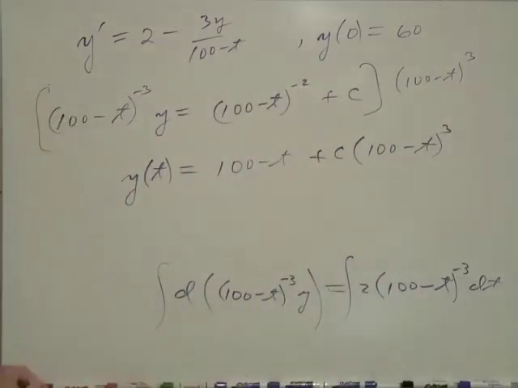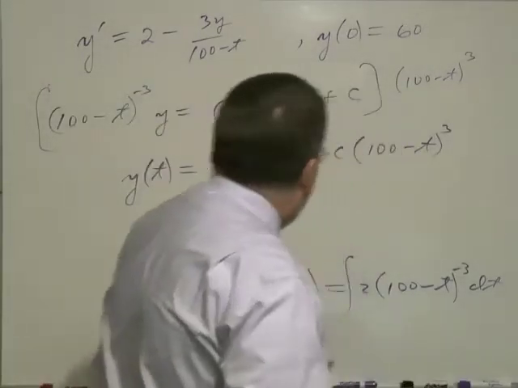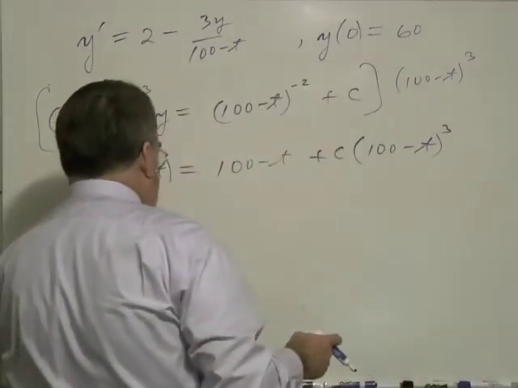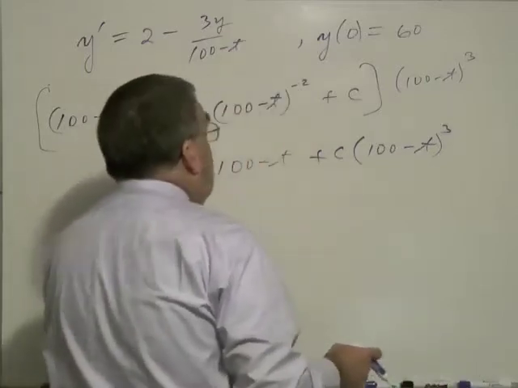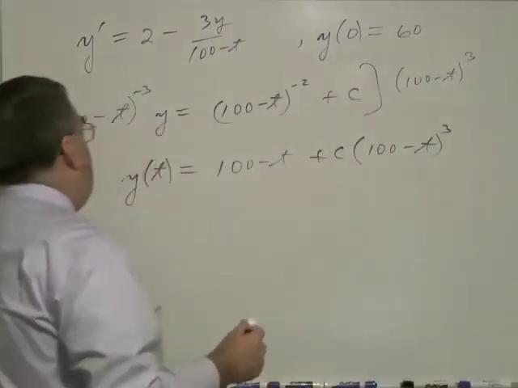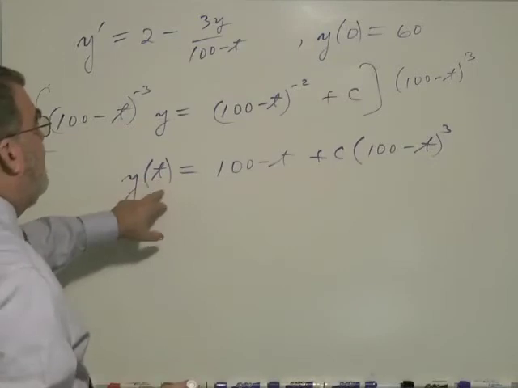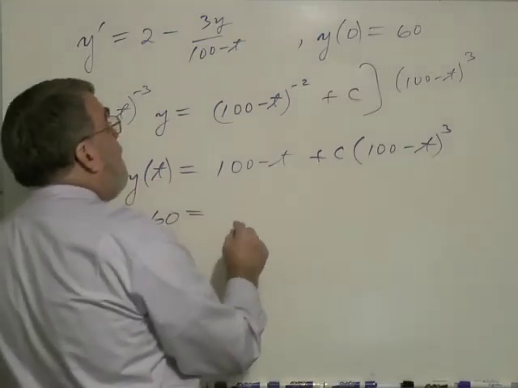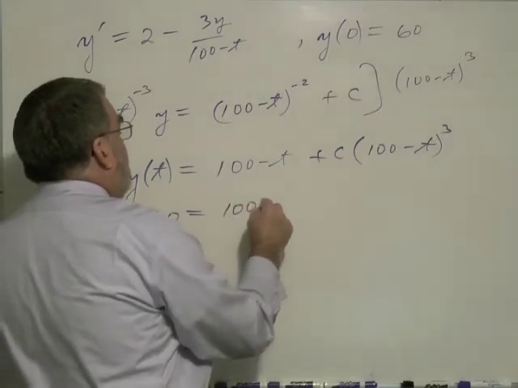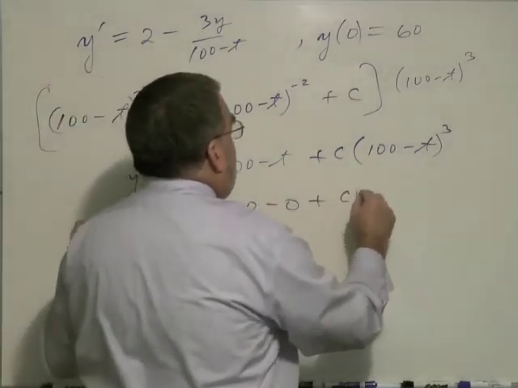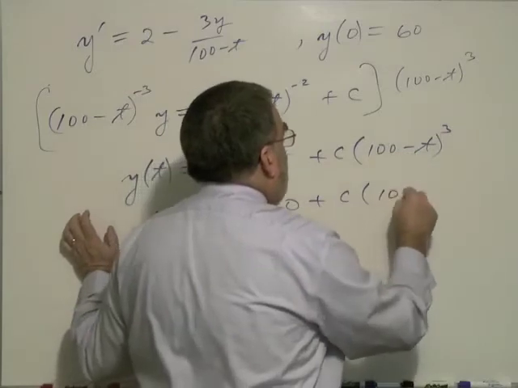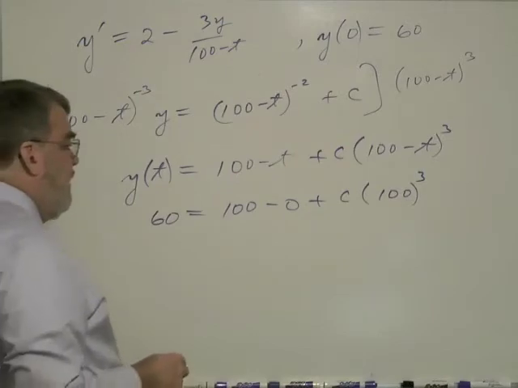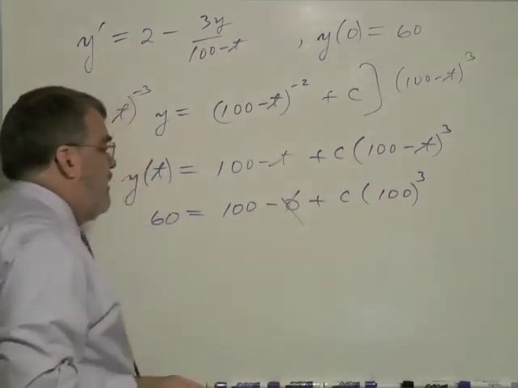All right. So let me erase this. And at this point, I think we can plug in our initial condition. y at 0 equals 60. So y will be 60 when t equals 0. So 100 minus 0 plus c times 100 cubed. So if we solve for c, that 0 goes, of course.